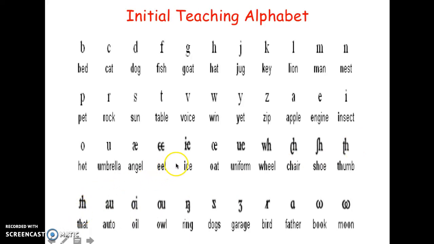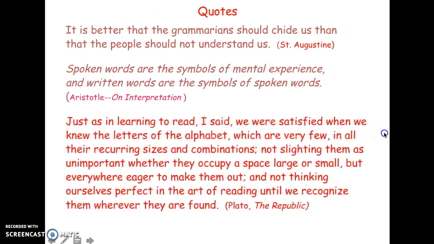We also have sounds that are made up of digraphs with vowels, like the I consonant E. Here is one vowel that makes a slightly different sound. So again, this is a representation of the alphabet.